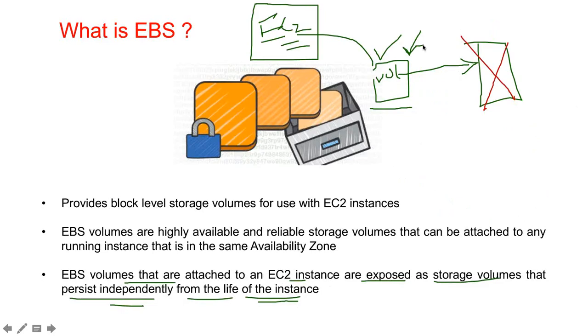Each and every bit of data is stored on a volume. So if the instance gets terminated, there's nothing to worry about. We can attach that volume to any one of the running instances in the same availability zone and retrieve our data. So this ensures that our data is secure, durable, and a reliable kind of storage.